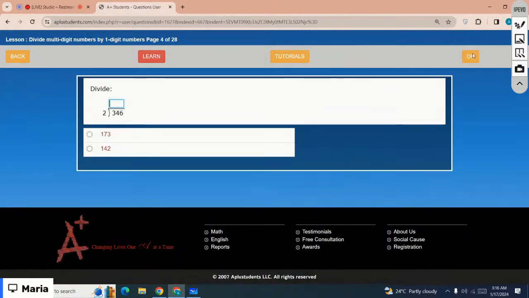Okay, the next one is 346 divided by 2, which is the correct option. Use your notebook and pencil, solve and write the answer in the chat box.